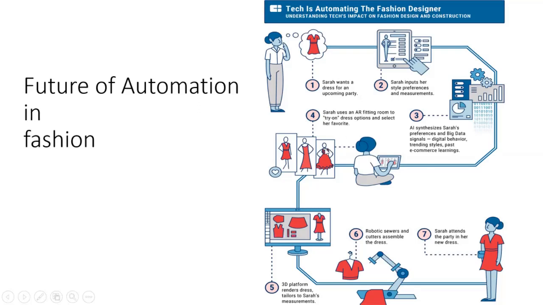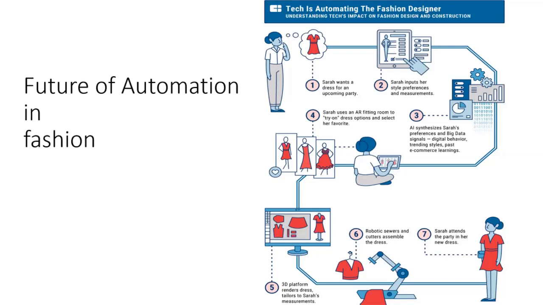Then the customer uses an augmented reality fitting room to try on dress options and select her favorite. Then it goes to the computer again, and a 3D platform renders the dress, tailored to the customer's measurements. Then robotic sewers and cutters assemble the dress.